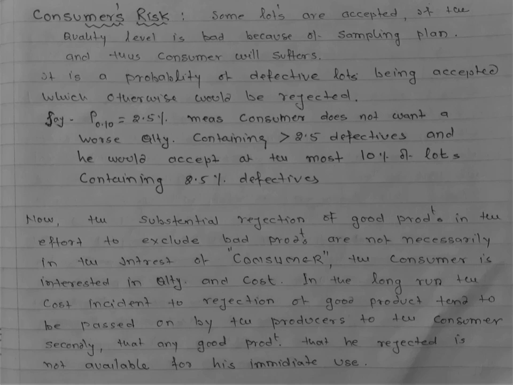So the consumer is interested in quality and cost. In the long run, the cost incident to rejection of good product tends to be passed on by the producer to the consumer. Secondly, any good product that he or she rejected is not available for his immediate use. Thank you.